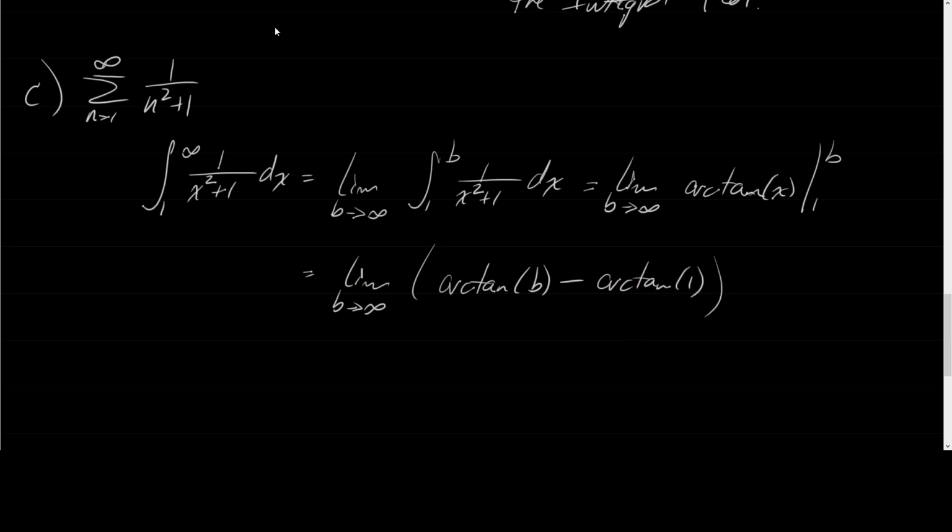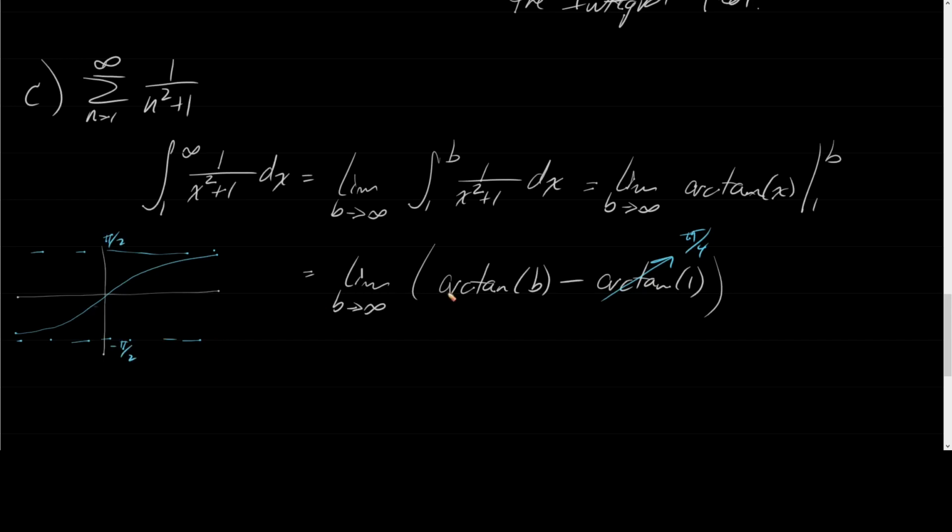But now, arctan of 1 is pi over 4. As b goes to infinity, what does arctan go to? Well, first let me remind you of what arctan looks like. This is what arctan looks like, where this right here is negative pi over 2, and this value up here is pi over 2.